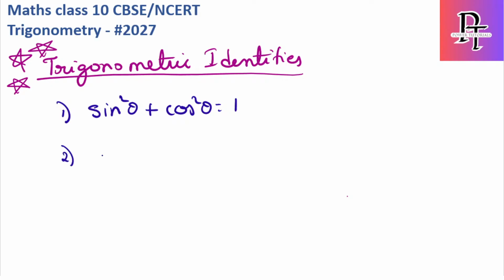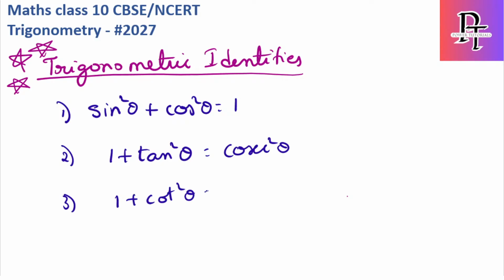Second, one plus tan square theta is equal to cosecant square theta, and third, 1 plus cot square theta is equal to secant square theta.